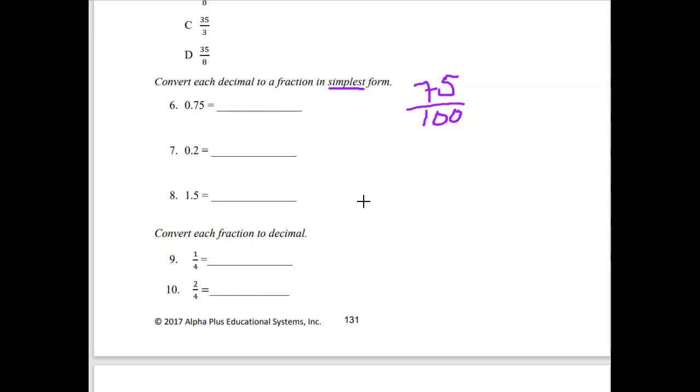How much is a quarter worth? 25 cents. So can 25 go into both 75 and 100? Yep. So that's the quickest way to do this. How many quarters is 75 cents? 3. How many quarters is $1? 4. See, so think of it in a different way if you need to.